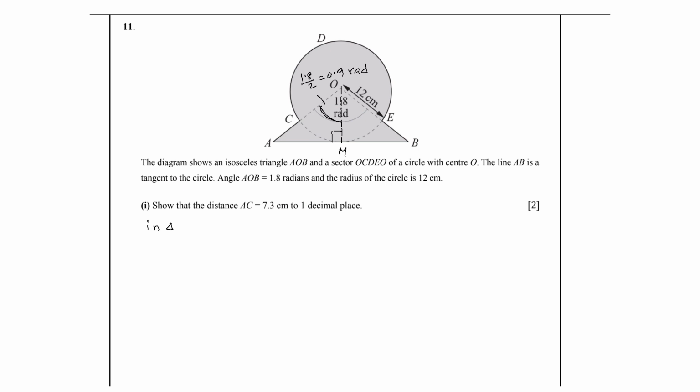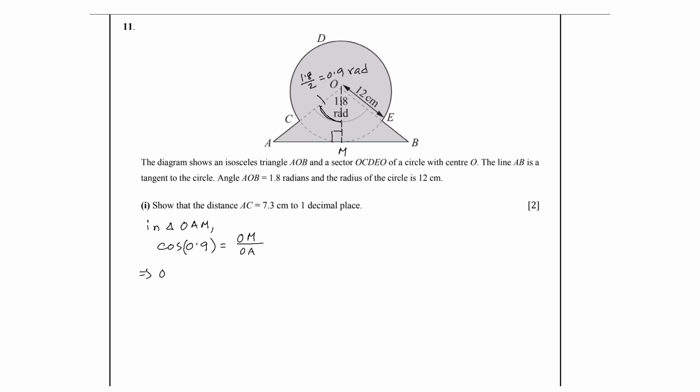Now, we have a right angle triangle AOM. So, we can write in triangle OAM cos 0.9 equals the adjacent side OM over the hypotenuse OA.